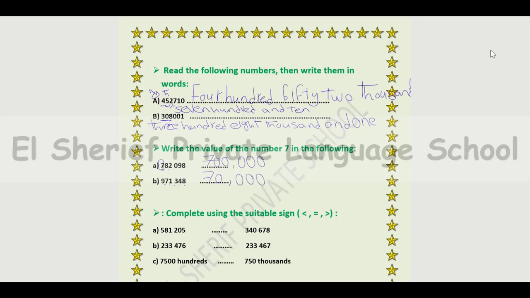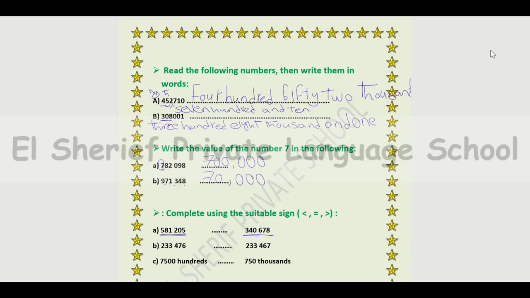The next exercise, complete using the suitable sign. Less than, equals, or greater than. Now we have two sides, right and left side. At first we must count the number of digits we have. So in left side we have 6 digits, and in right side we have 6 digits.